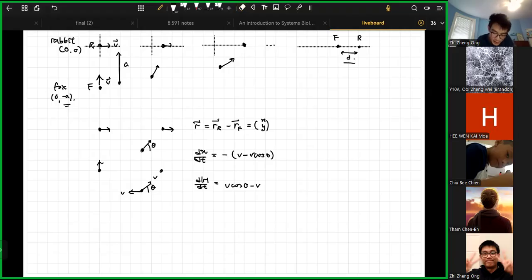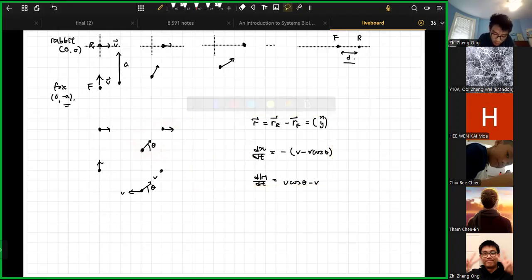Why this makes sense is because if you let time play by a little bit, after a short time dt, this thing is going to go here.